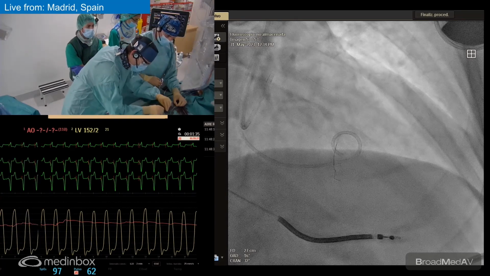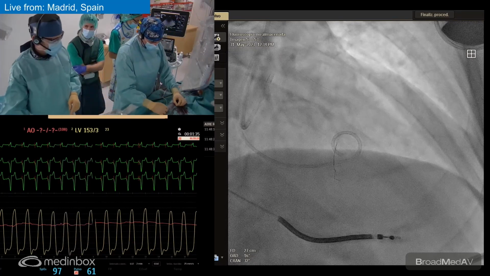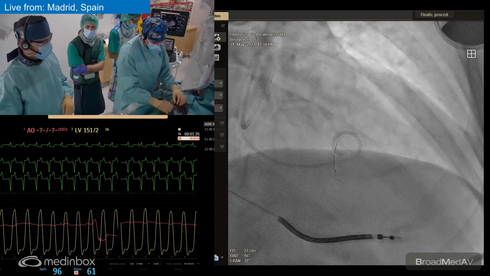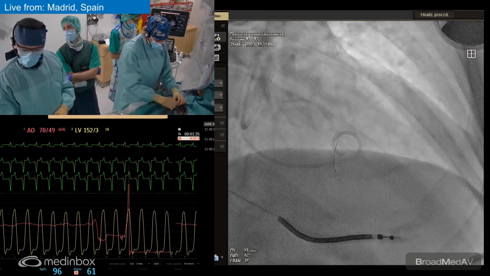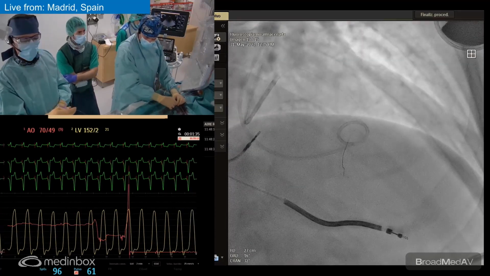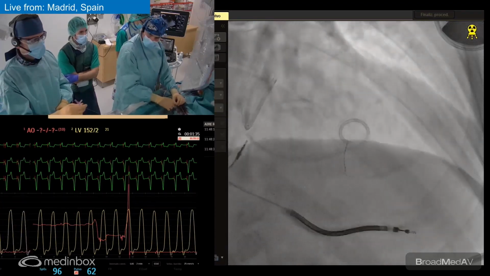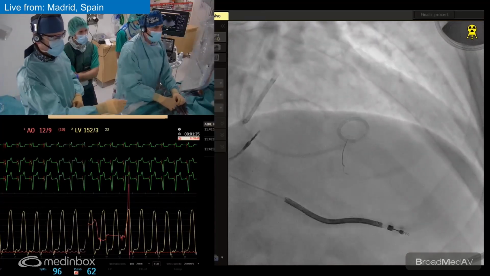You can also advance together the balloon and the wire, but now as we have the trapping balloon here, and Patty was washing the balloon very well, we have done like that. And now the wire is advancing a little bit.